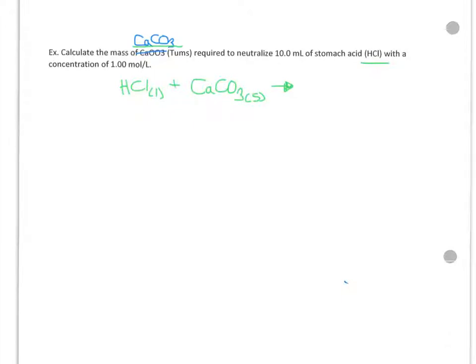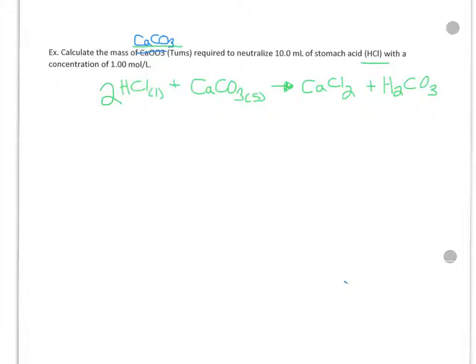So the calcium and hydrogen are going to switch places, resulting in our products being calcium chloride and H2CO3. So now that you have your equation, give it a quick look to make sure it's balanced. Basically, we see 2 hydrogens here, only 1 in the reactants, so we need to put a 2 in front, and after we do that, everything else looks like it matches up.